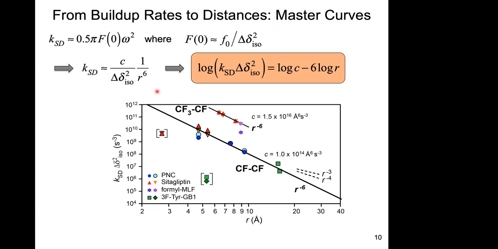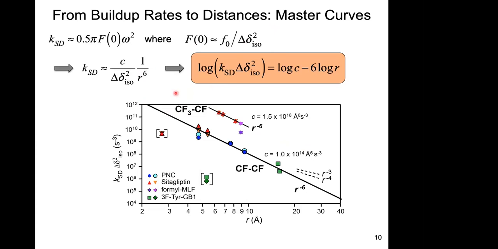And if this fundamental understanding holds, then let me move the shift difference squared to the left-hand side. So I have the log of the build-up rate times chemical shift difference squared, and that should be related to the log of the distance, with a coefficient in front of -6. So it should go down logarithmically. It should be a linear behavior.